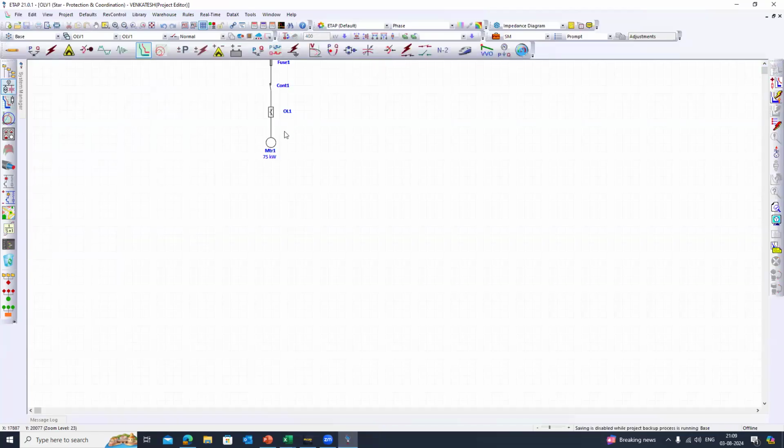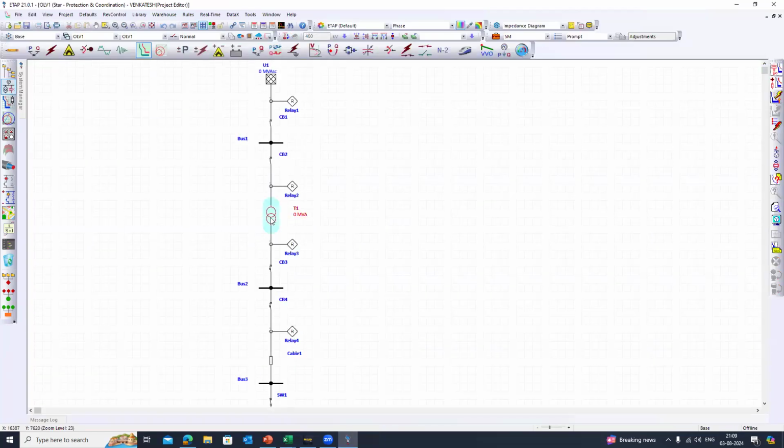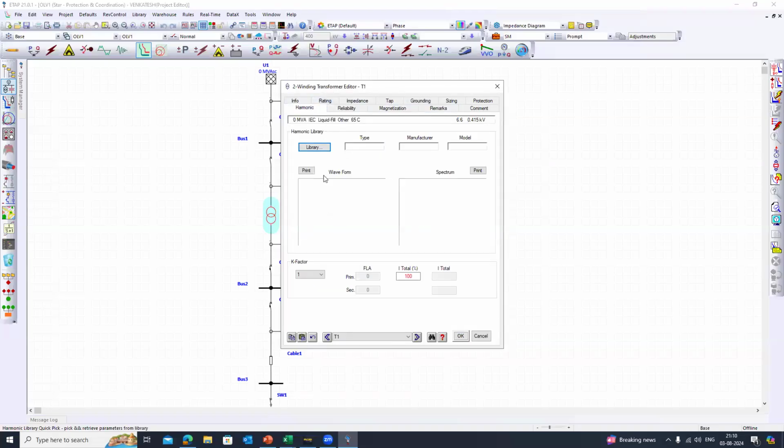Yes, you see the transformer here. In the transformer, if you go to the harmonic, there is a factor called the K factor. This K factor is generally used for harmonic applications. Like if the transformer is being used for applications like arc furnaces, where you have very high harmonics or harmonic rich applications, then additional heat will be generated due to the harmonics.